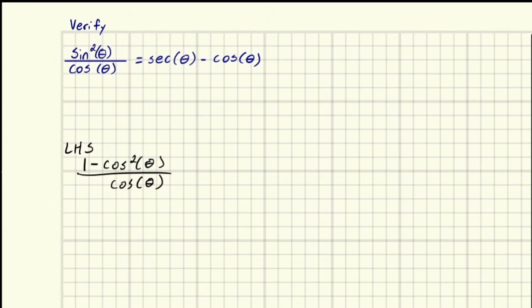So with this information, we can split the fraction up into 1 under cosine theta minus cosine squared theta over cosine theta. Now these will simplify to 1 over cosine theta, which is secant theta.